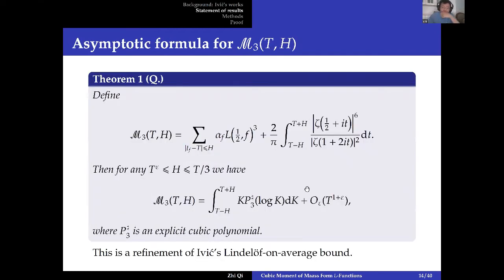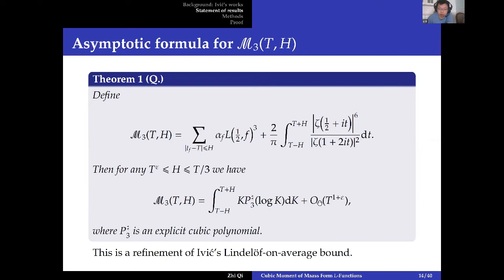Okay, so let's talk about some results of mine. So first of all, if you consider the cubic moment on a short interval, you can take this H to be as before from T to the epsilon to T over 3, and then we have this asymptotic.